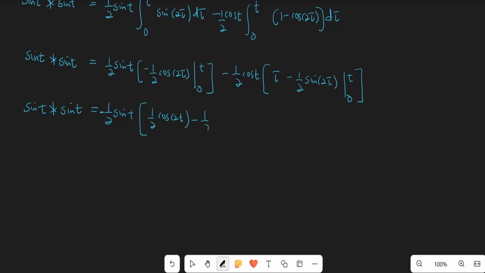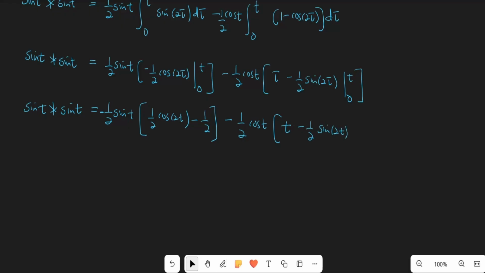That is going to be 1/2, because cosine of 2 times 0 is cosine of 0 and cosine of 0 is 1. So this is what we have for the first one, minus the second one, we have 1/2 cosine of t. And now let's plug in t. So t minus 1/2 times sine of 2t, like this.